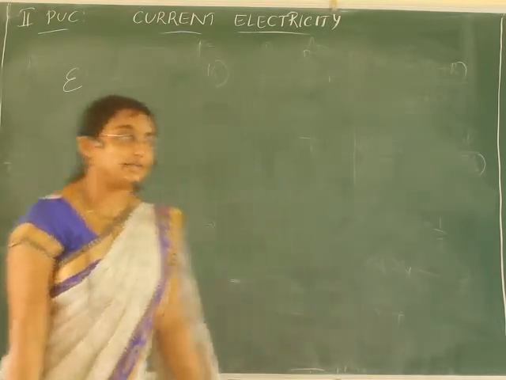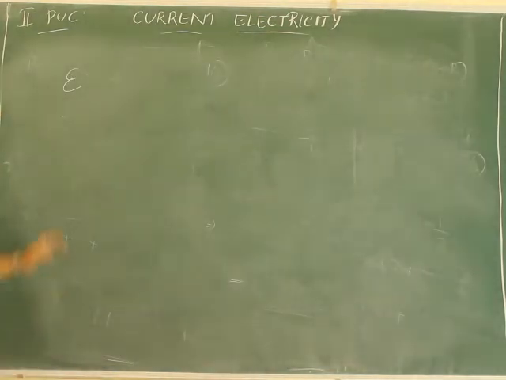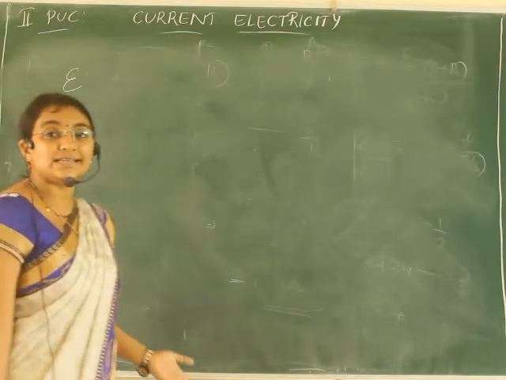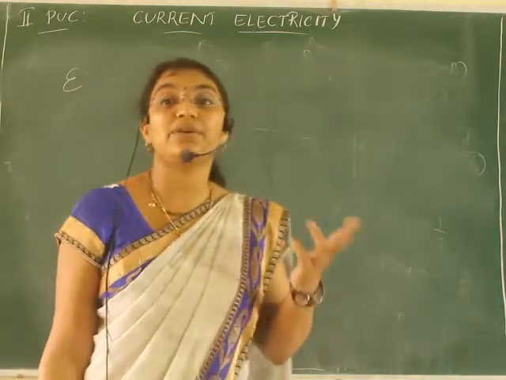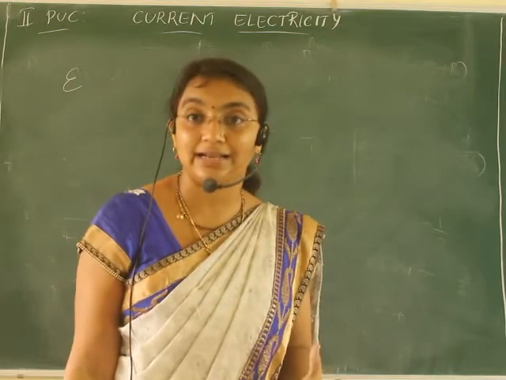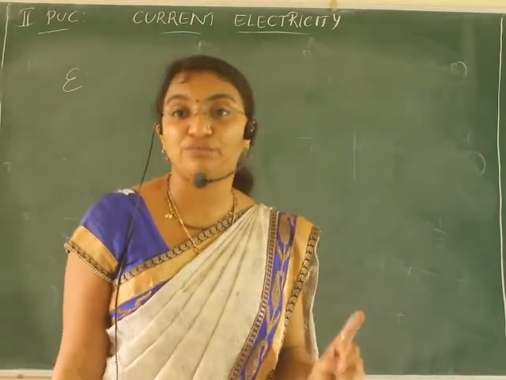So EMF is the potential difference across the terminals of the battery when no current is drawn from the cell, or when the cell is in open circuit. Open circuit means we are not withdrawing any current; it is kept in switch off mode.